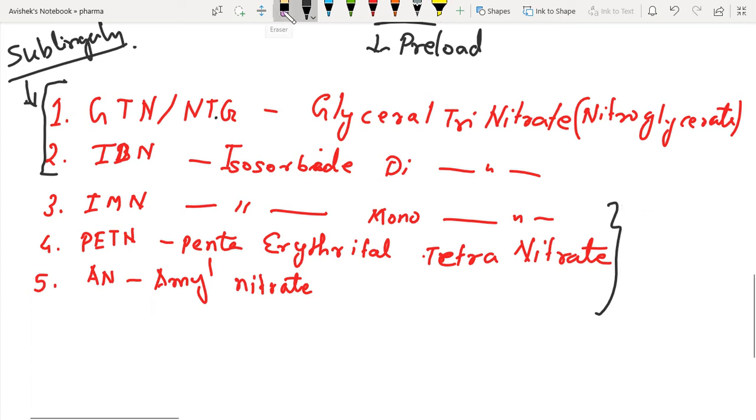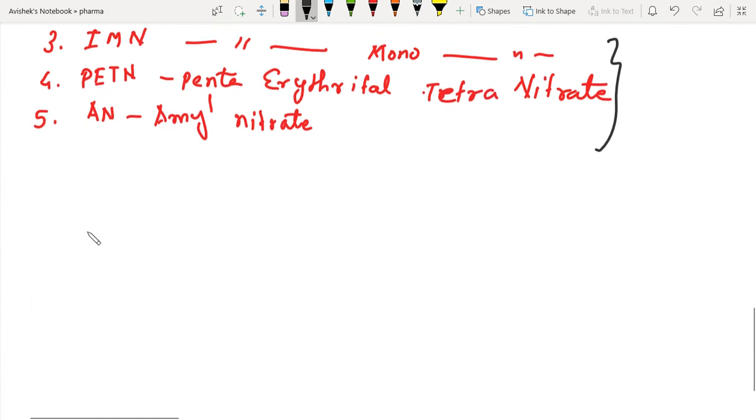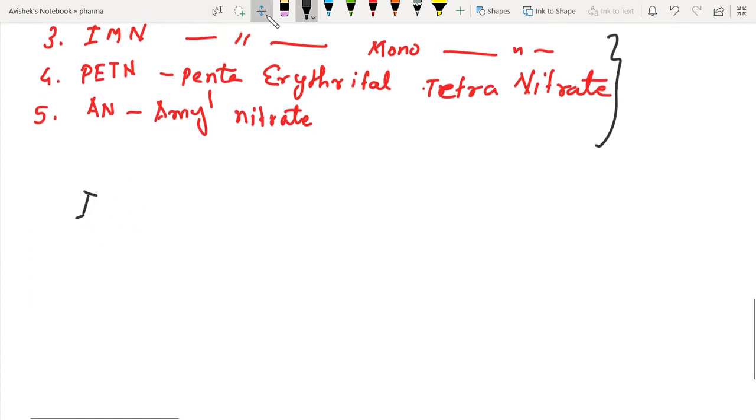In this, isosorbide mononitrate has minimum first pass metabolism.